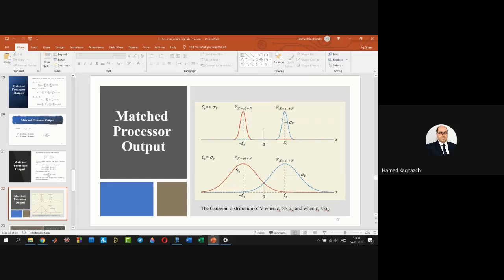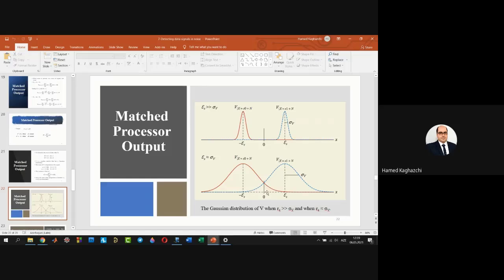Now, look at here, if the energy of the signal is approximately equal to the standard deviation, what happened in this case? In this case, I will have error. This section is my error. This section is also my error.